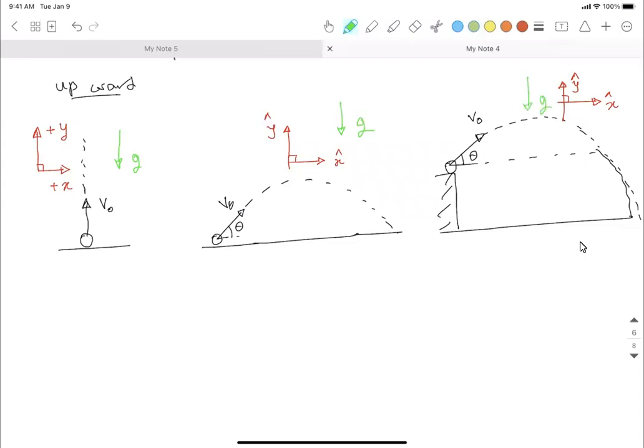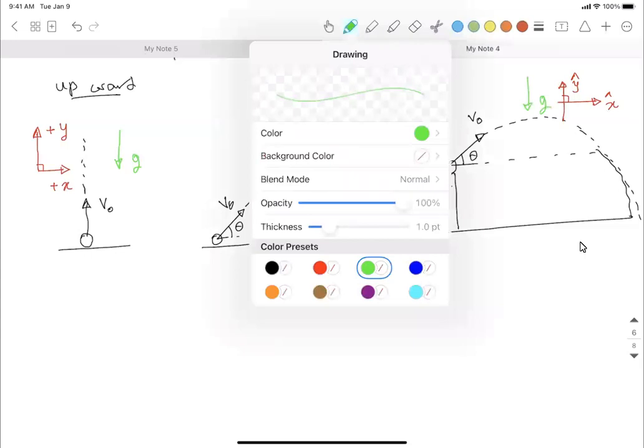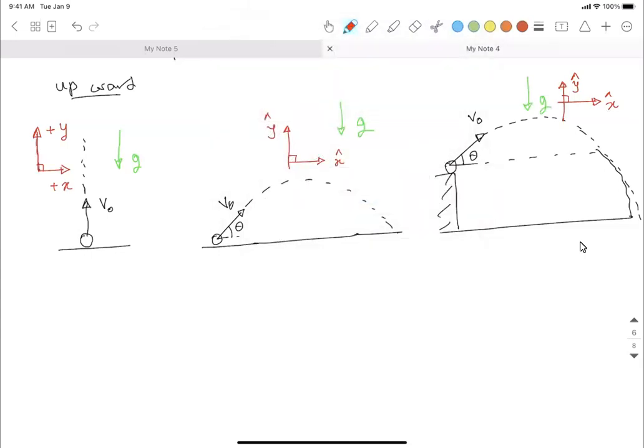With this coordinate axis, we are saying the upward direction is the positive direction, but the gravitational acceleration is downward. This is what comes into play in any of these scenarios. Vertically upward is positive, gravitational acceleration is downward.